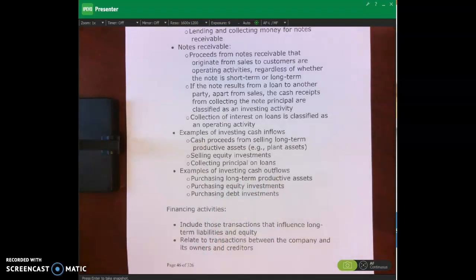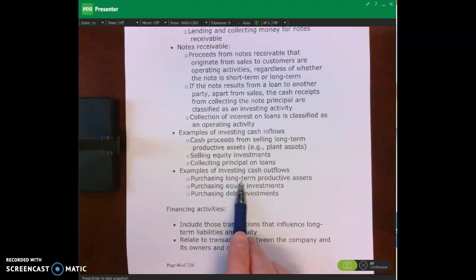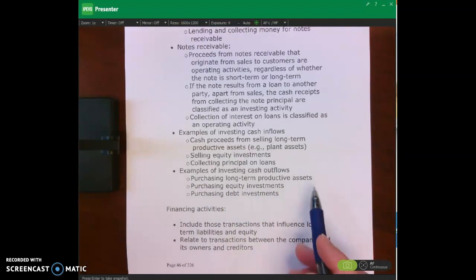Examples of cash outflows, transactions that affect purchasing long-term productive assets, such as plant, property, and equipment. That's why I talked about that there. That's why I focused on that, just because a lot of our examples in this chapter will focus on investing activities that relate to plant, property, and equipment.